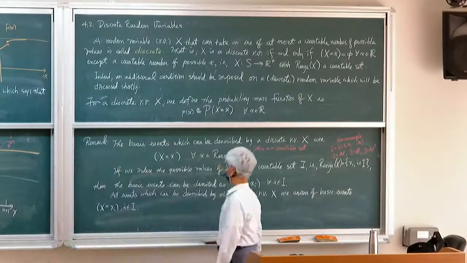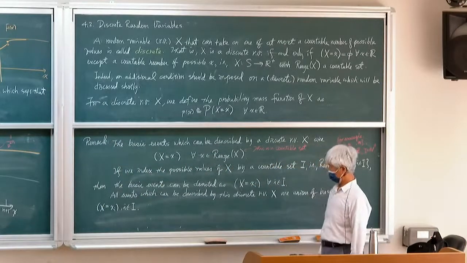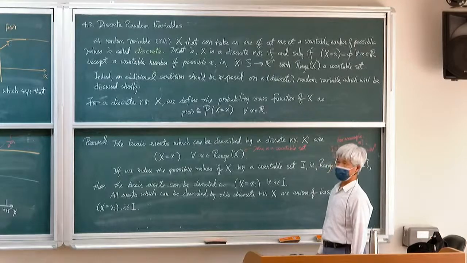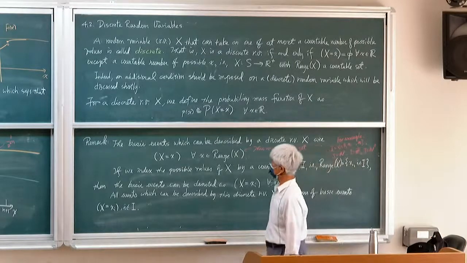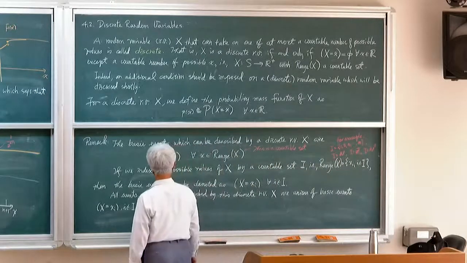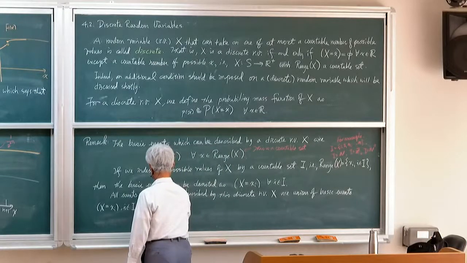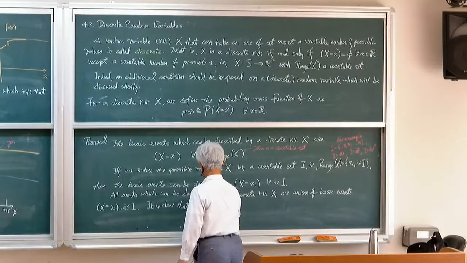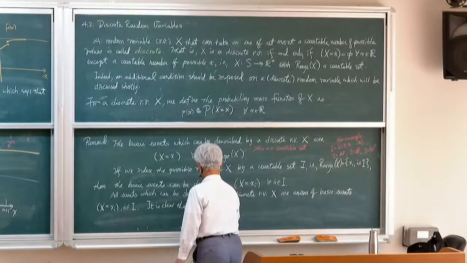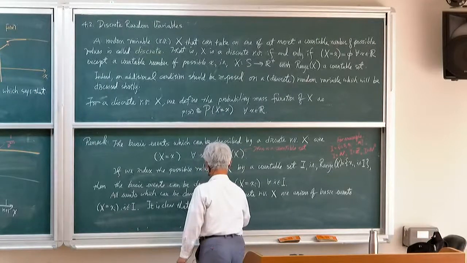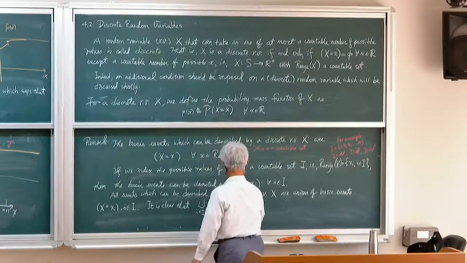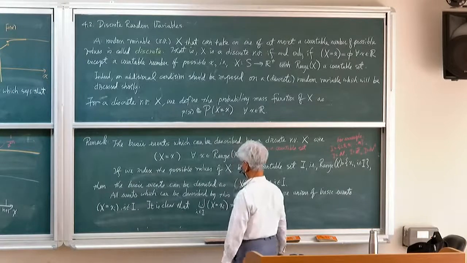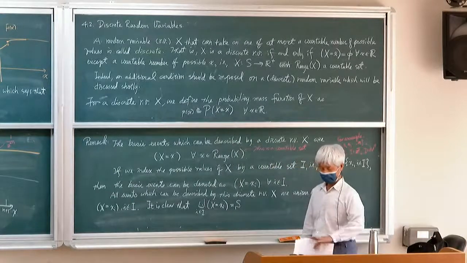Now it is clear that the disjoint union is a partition of X.